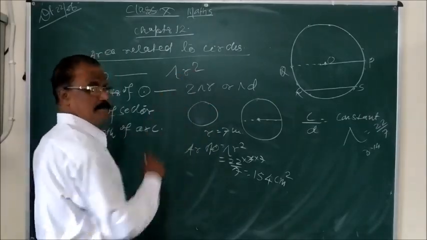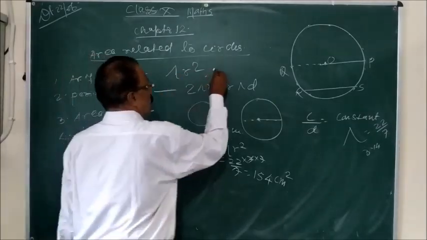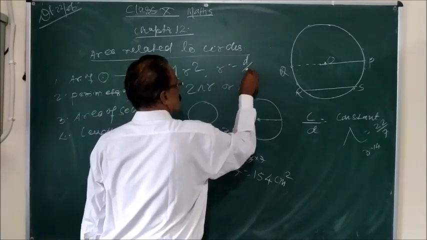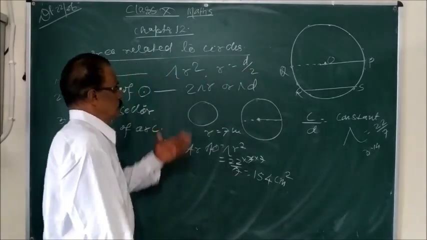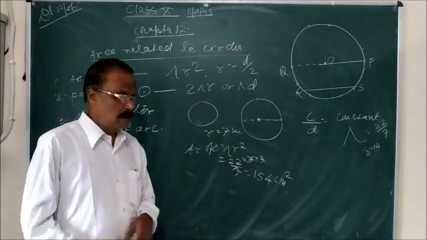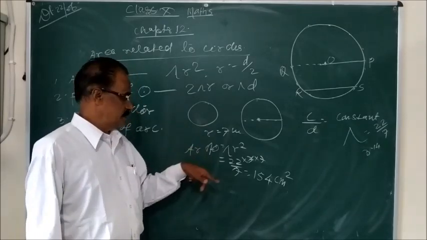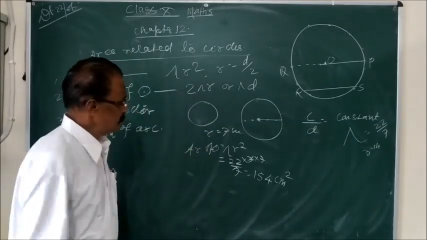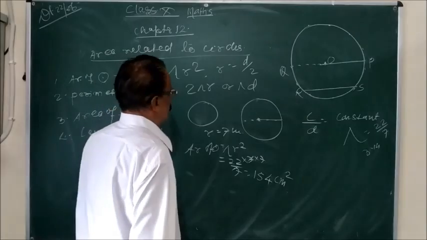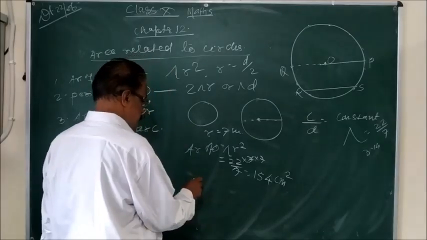If diameter is given, you find r is equal to d by 2, diameter divided by 2, you will get the value of radius, and you put that value in this formula, you will find the area of the circle. Now you see circumference.